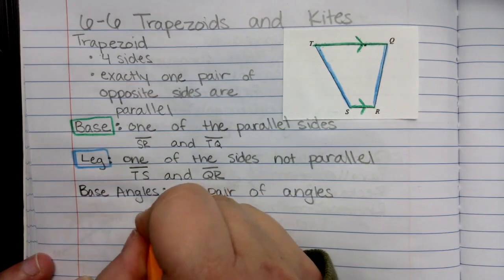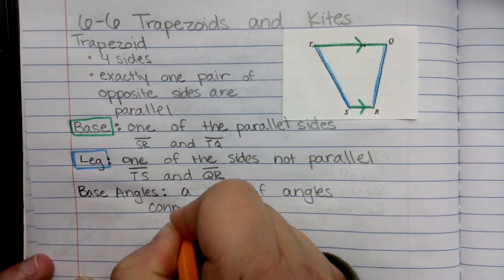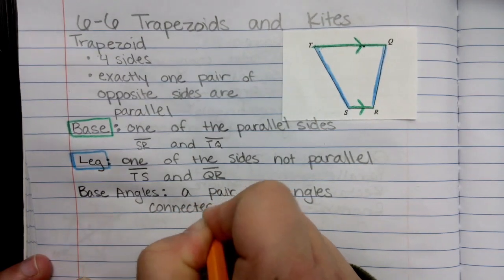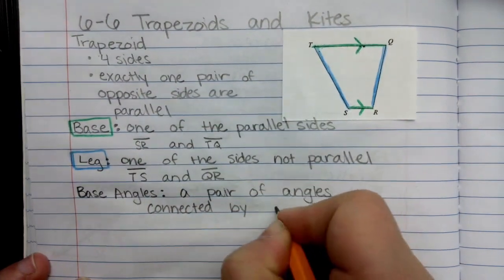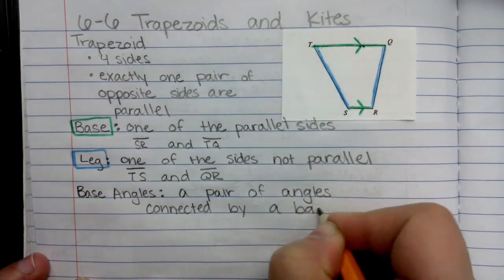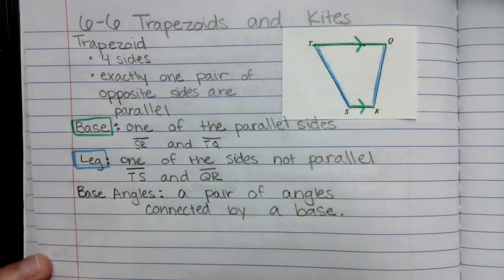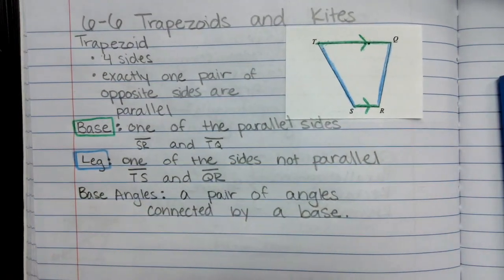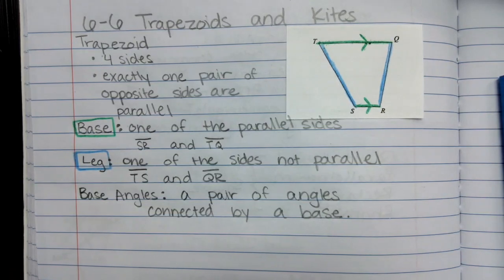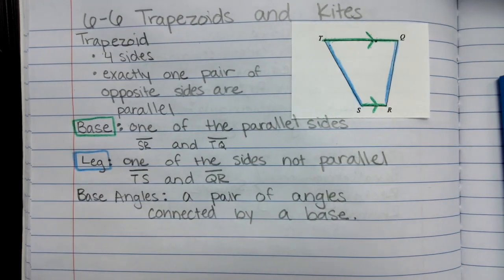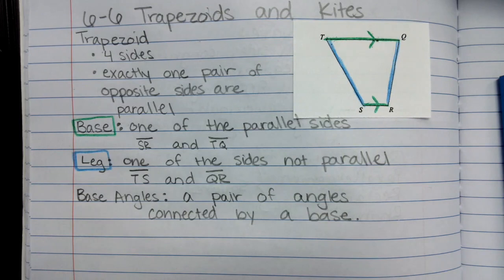I'm going to use green just to highlight or underline that word base, so that when I'm looking at my picture, I'm looking at those green bases.